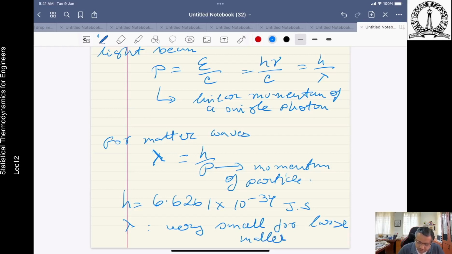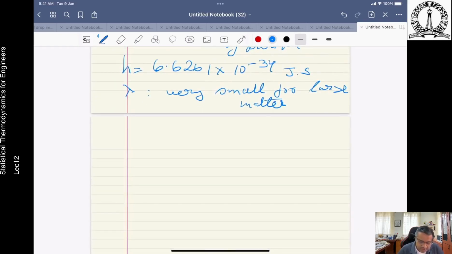So when you move, the wavelength associated with you is so small that it is almost undetectable.